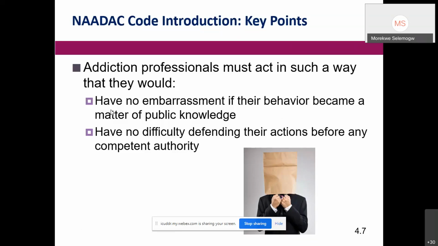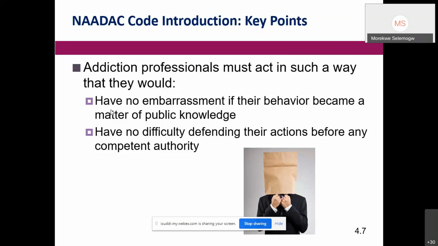For such a statement, we have a huge responsibility as addiction professionals, that we should act in a way that is congruent with what we do within our profession. We should have no difficulty defending our actions before any competent authority. I would want to hear what you think of this key point by NAADAC.